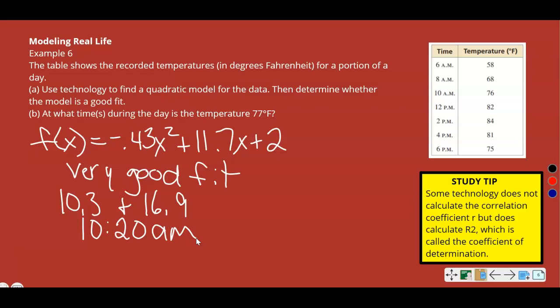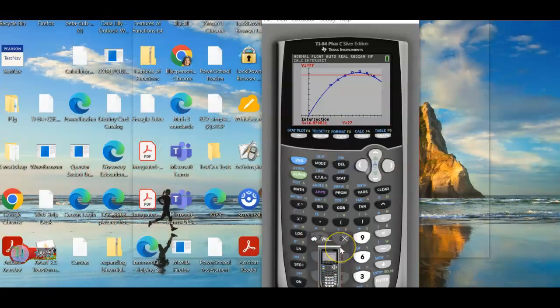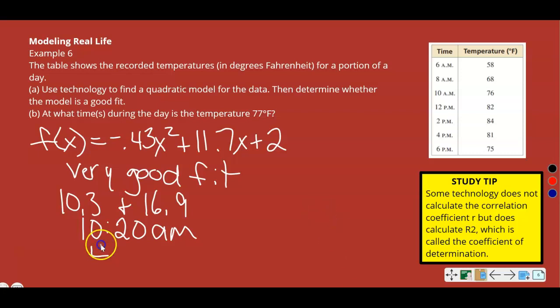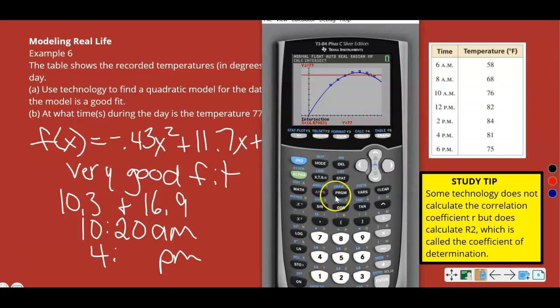All right, and 16.9. All right, so we know 16 is 4 p.m. Sorry, I've got lots of stuff going on here. So 4 something p.m. All right, so how do we know? So this says 0.9. So what is 0.9 of an hour?